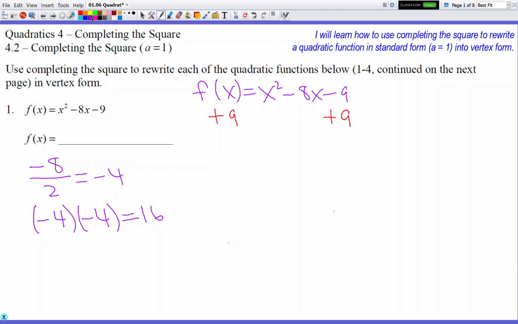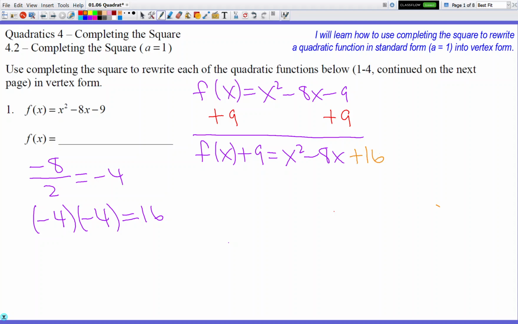When I do that, we get f of x plus 9 equals x squared minus 8x, and then blank, because now that spot is vacant. Since it's vacant, the 16 that we figured out is going to complete the square. It can go right in that spot. So put a 16 right there.